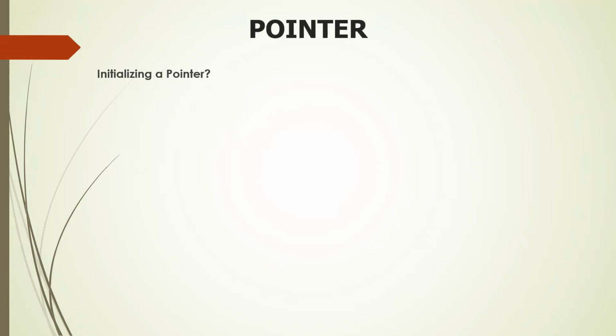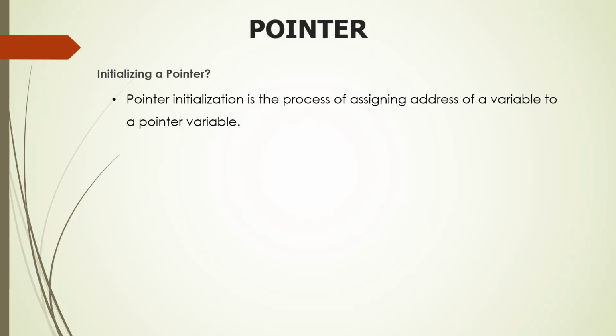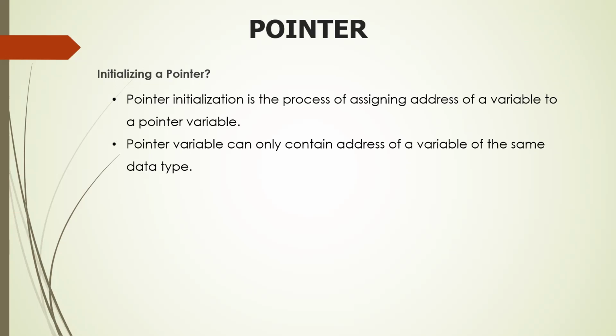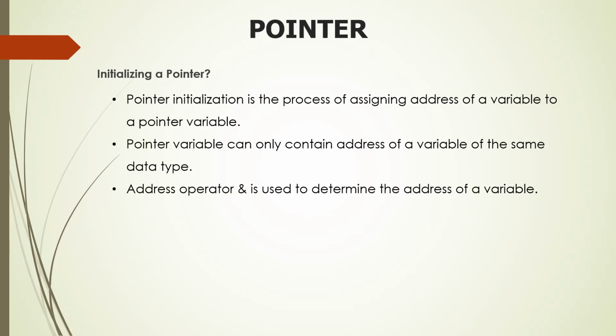How will you initialize a pointer? We have to declare the pointer first, that is, we give the data type of what type of data it is going to point to. But how will you initialize the pointer, that is, what address does it have to hold? We have to use the ampersand symbol, the address operator.